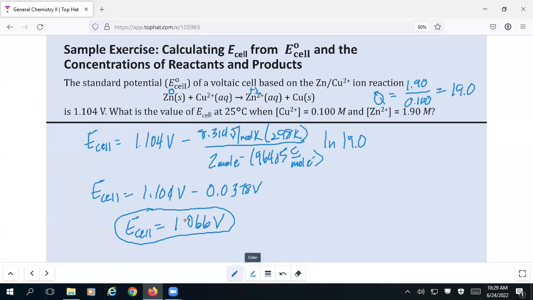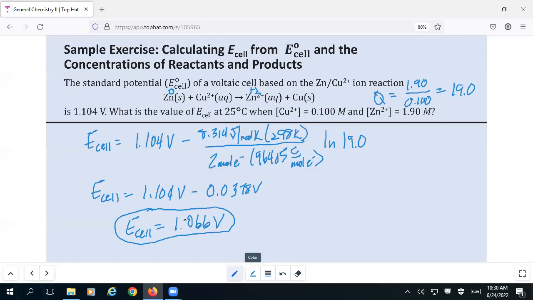And not surprisingly, we saw this exact thing in lab yesterday. We had a higher concentration of zinc compared to copper when we poisoned the copper cell with ammonia. And we saw a drop in the voltage as a result. Now, this should give you a little bit of insight into just how far we dropped that copper concentration when we poisoned it.